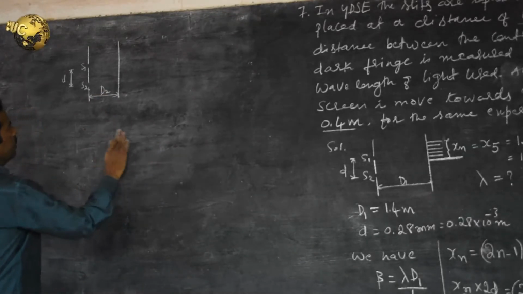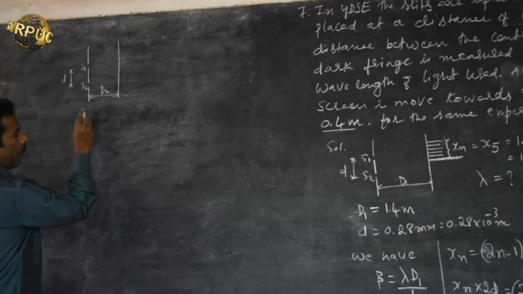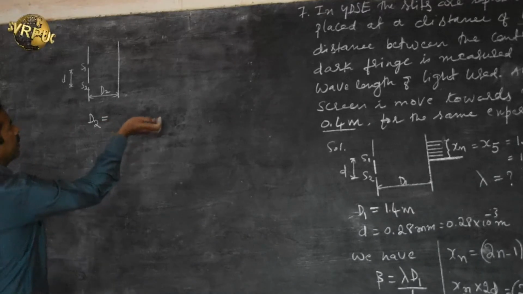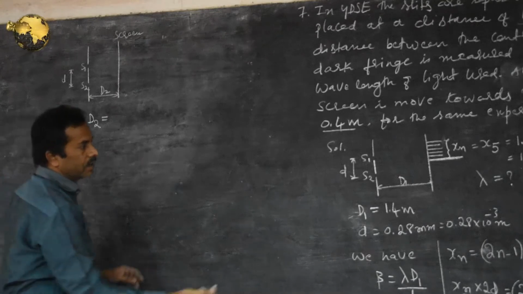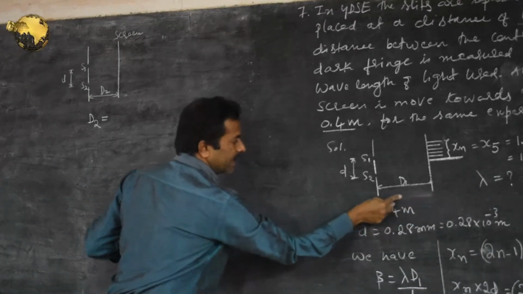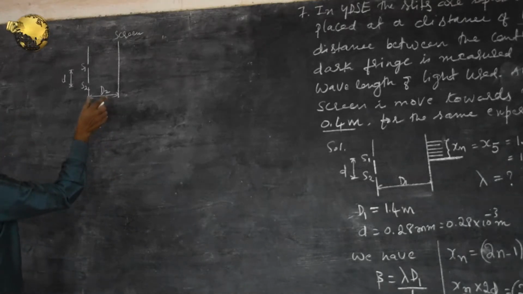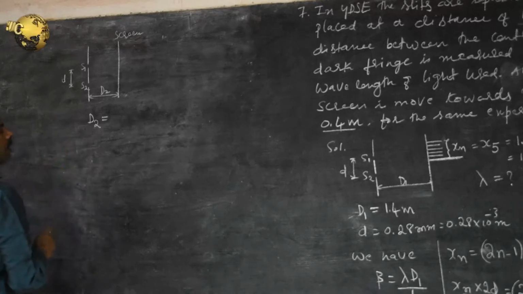So in the second case, the screen is moved towards the slits by 0.4 meter. Then the distance between the slits and the screen will be D2.